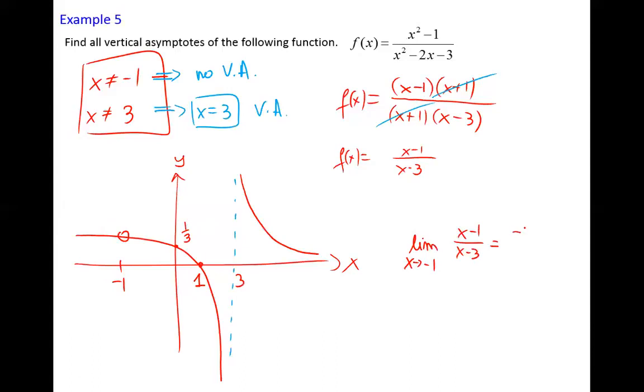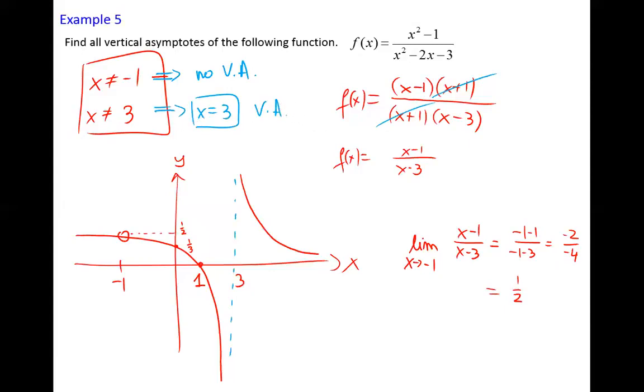Direct substitution will tell me negative 1 minus 1 over negative 1 minus 3, negative 2 over negative 4, it's simply half. That means that this is the value 1/3, but this dot is 1/2. Okay? And you can check the limits at 3 from the left and the right-hand side. But the answer for this one is again only 3. x equals to 3 is an asymptote.